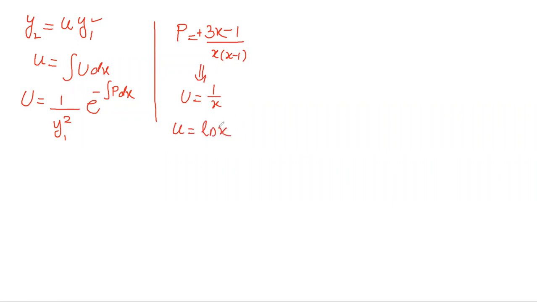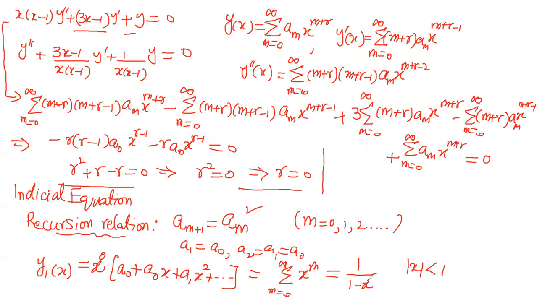Then y2 you will find as u times y1, so log of x times y1. And y1, which we found in the previous case, was 1 over 1 minus x.